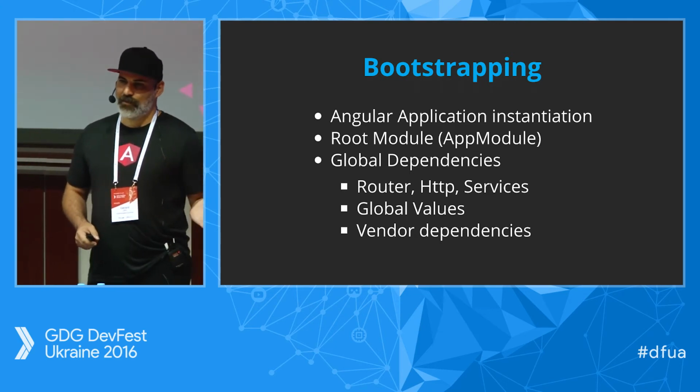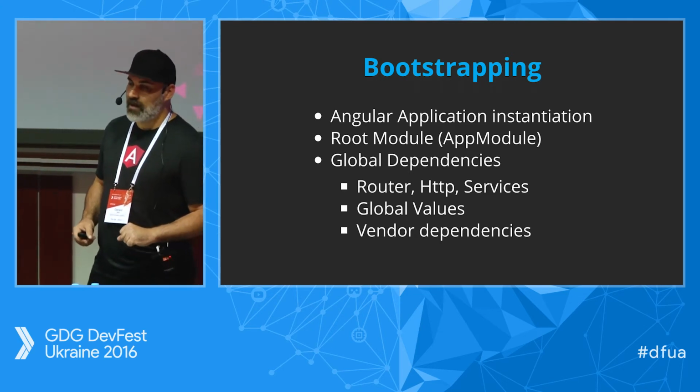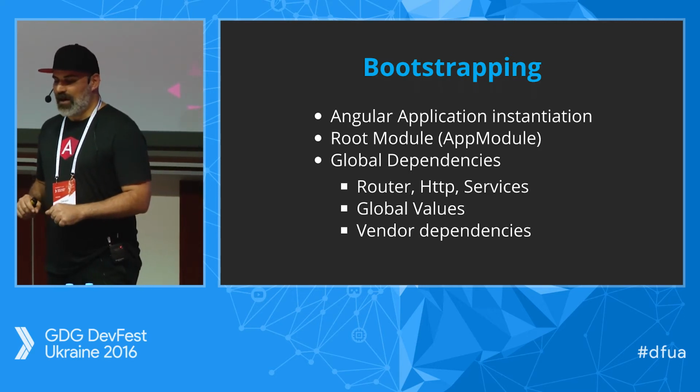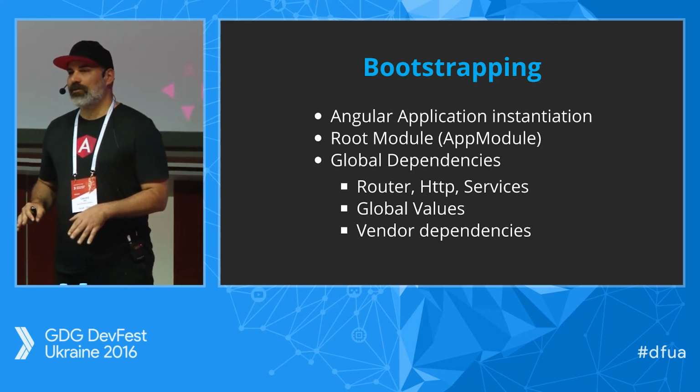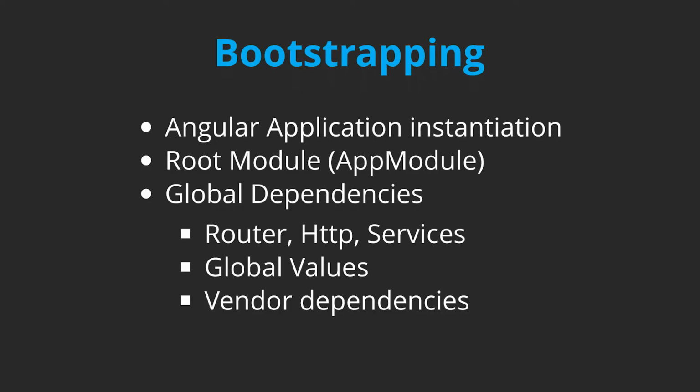There's also the chance to define some global values, and there's also the vendor dependencies. For Angular 2, we already have a few of these vendor dependencies being built. As it hasn't been released yet, there are still, in the latest beta or release candidate, things like Angular Material online, and other common libraries that you want to have. So this will go in there.